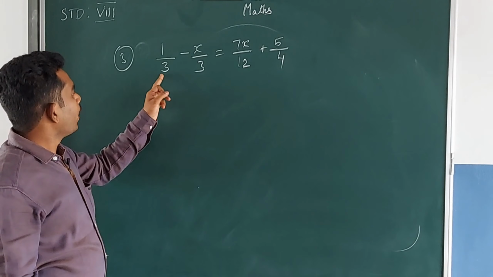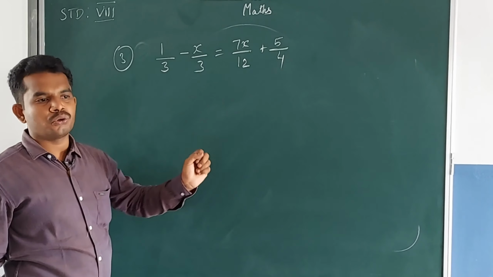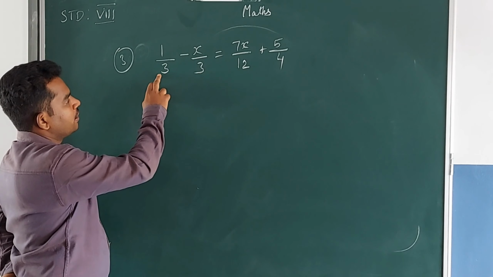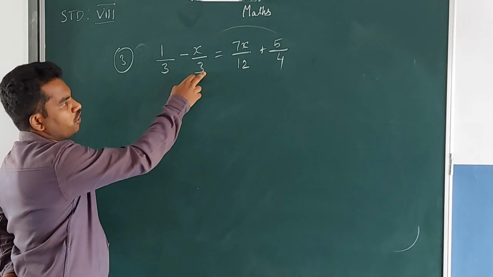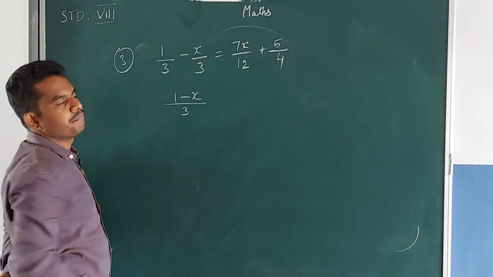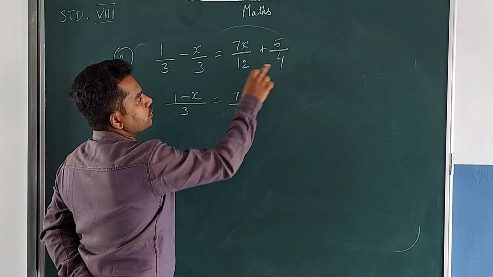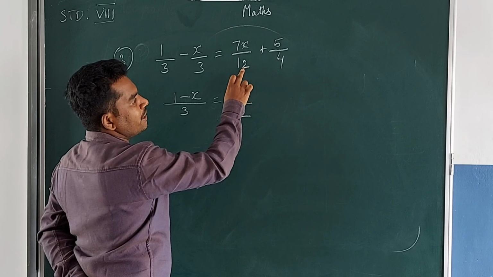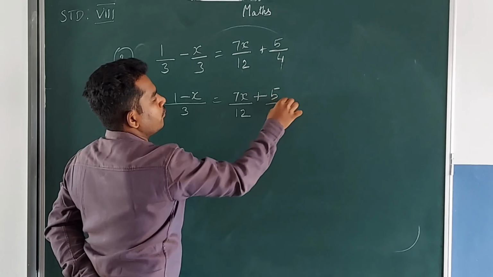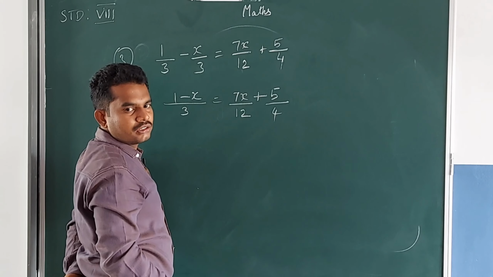Okay, observe this question. 1 by 3 minus x by 3 equal to 7x divided by 12 plus 5 by 4. First observe, here 3 is in the denominator, here also 3, here also 3. So, to combine the 3, 1 minus x. Here 7x divided by 12, 12 is a multiple of 4. So how many times? 3 times. 4 3s are 12.